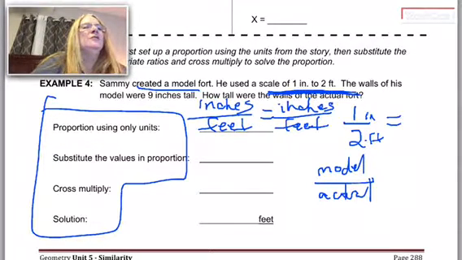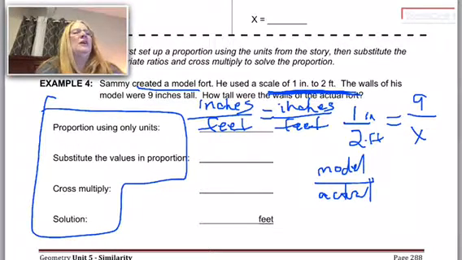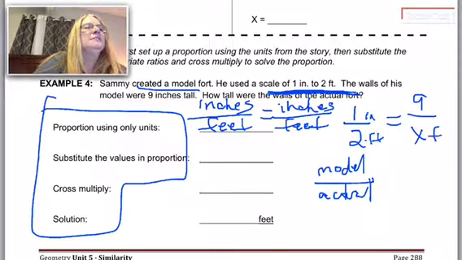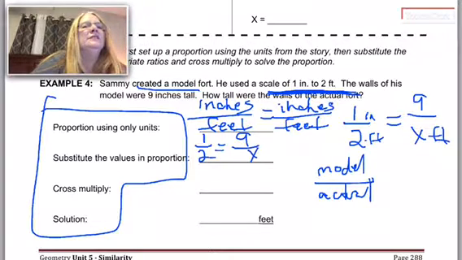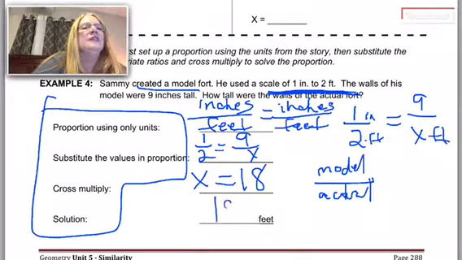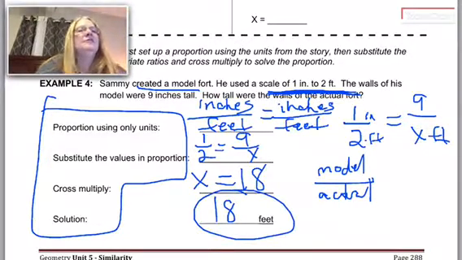So the model is in the numerator. So your 9 goes here and your x goes in the bottom. And so that shows your answer, x, is going to be in feet. So we have 1 over 2 is equal to 9 over x. And when we cross multiply, we get x is equal to 18. And so the answer is 18 feet.